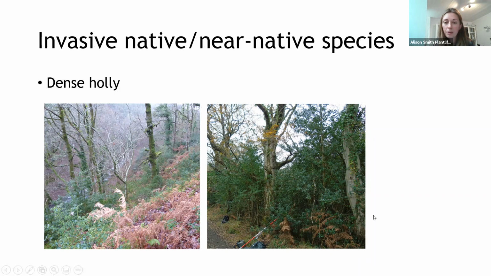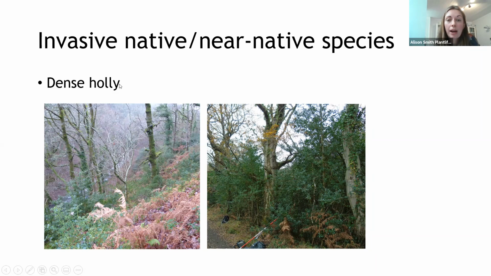And then on the right-hand image, this is in the Bovey Valley on Dartmoor, on the East Dartmoor National Nature Reserve. There are lots of old wood banks running through the woodland, again with veteran trees, with a lot of lichen interest. There are areas like this where the holly has really taken over. So again, it's about halo thinning and letting more light in.